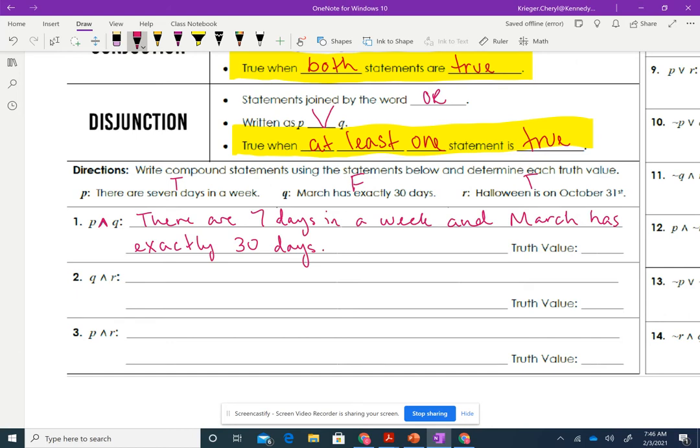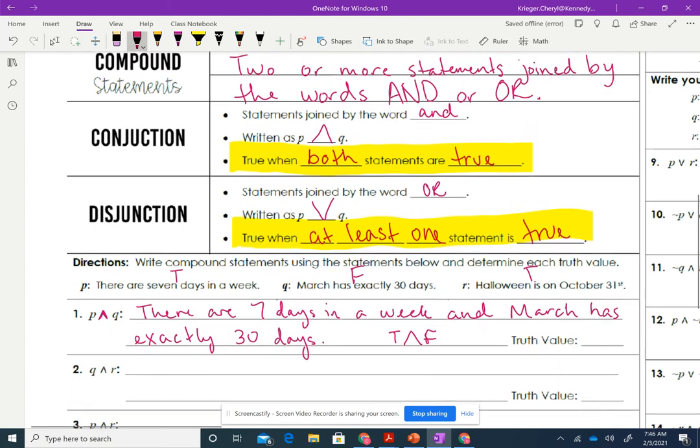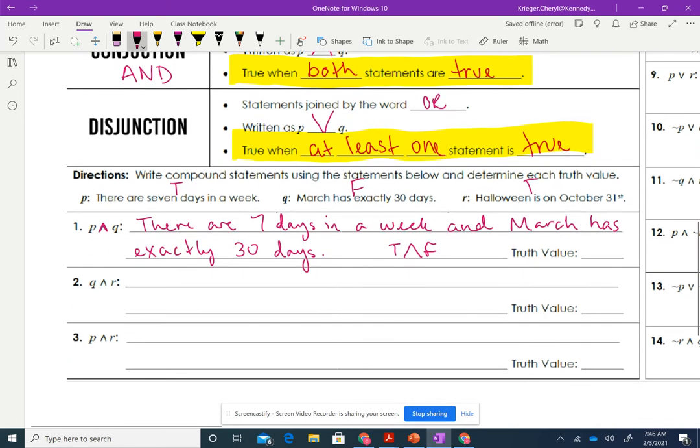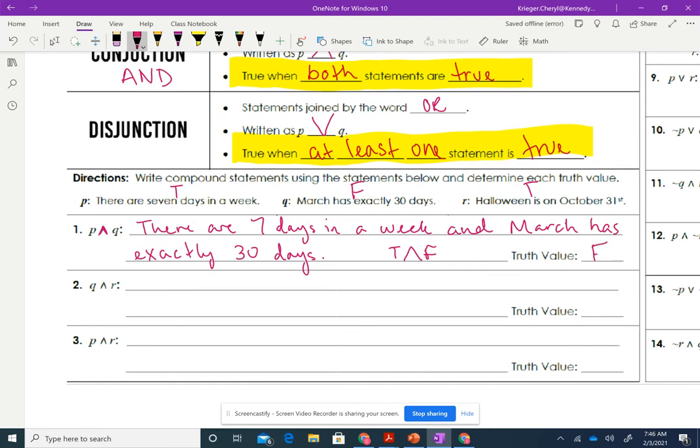So this is true and false. And we know that for a conjunction, which is and, both statements have to be true in order for this truth value to be true. Because March has exactly 30 days is false, the truth value is false.